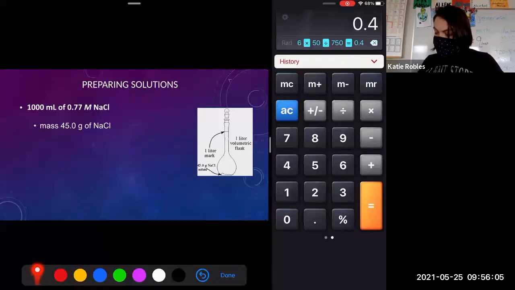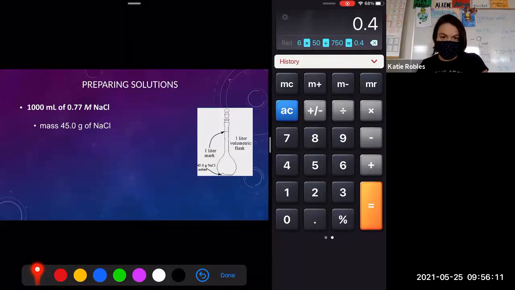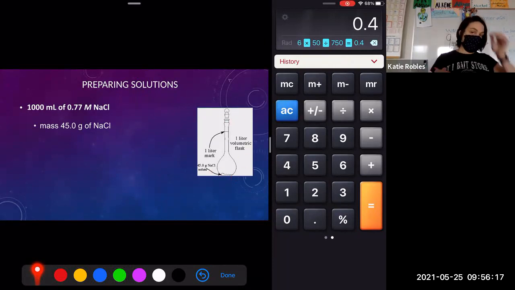For the last thing, I just want to point this out to you. If you're preparing solutions, this is called a volumetric flask. It's a way that we prepare solutions.